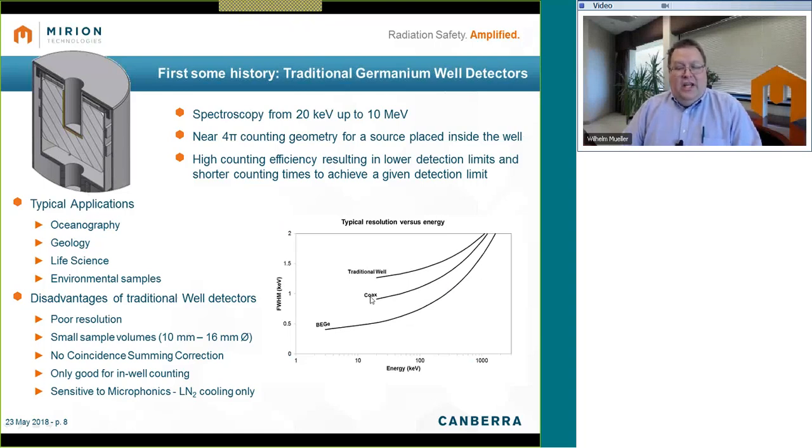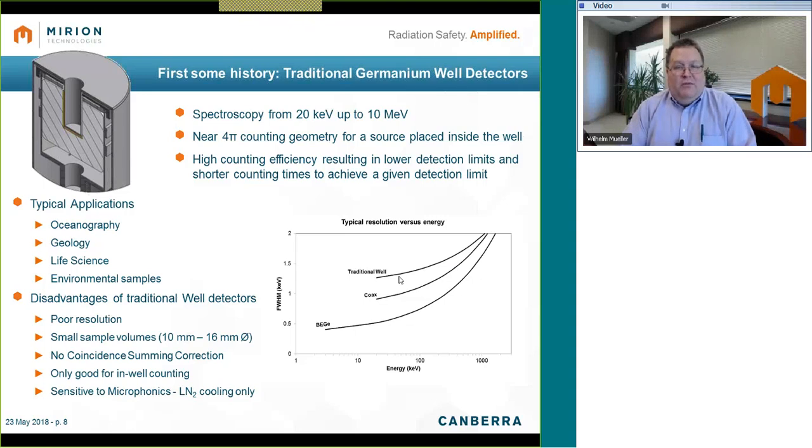The middle line is for coaxial detectors, which are SEGe type detectors, REGe type detectors, and XtRa. Now, you can see in this that the traditional well detector has a much reduced energy resolution even compared to our coax detectors. While there is a resolution degradation, the increased efficiency really makes these detectors desirable for certain specific applications.